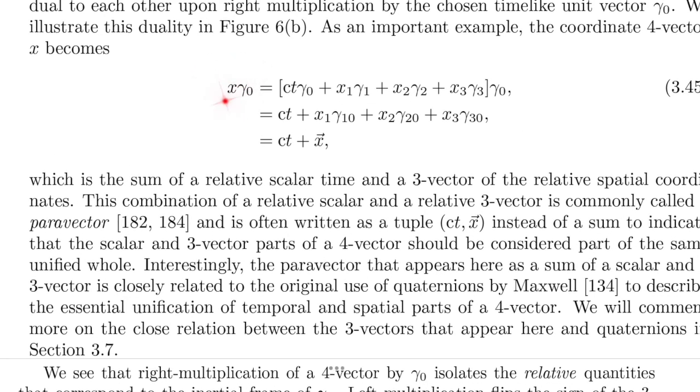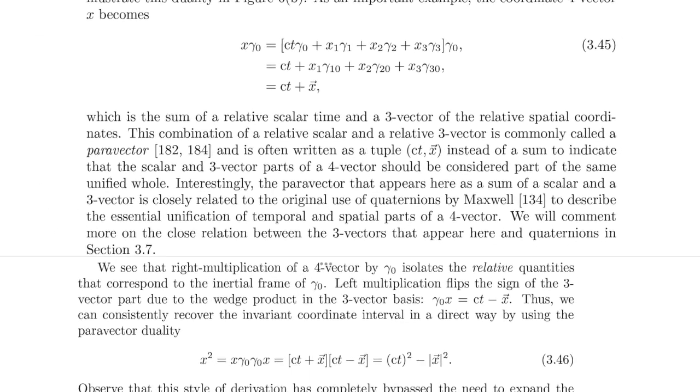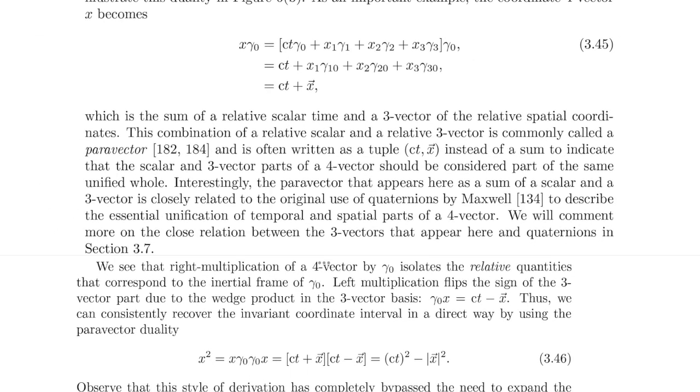X is a vector in the space-time algebra, and if you do this duality transformation, what you're left with is what they're going to call a relative scalar and a relative vector. But if you just stared at any arbitrary scalar in the space-time algebra, unless you know where it came from, I suppose it's hard to identify it as a relative scalar.